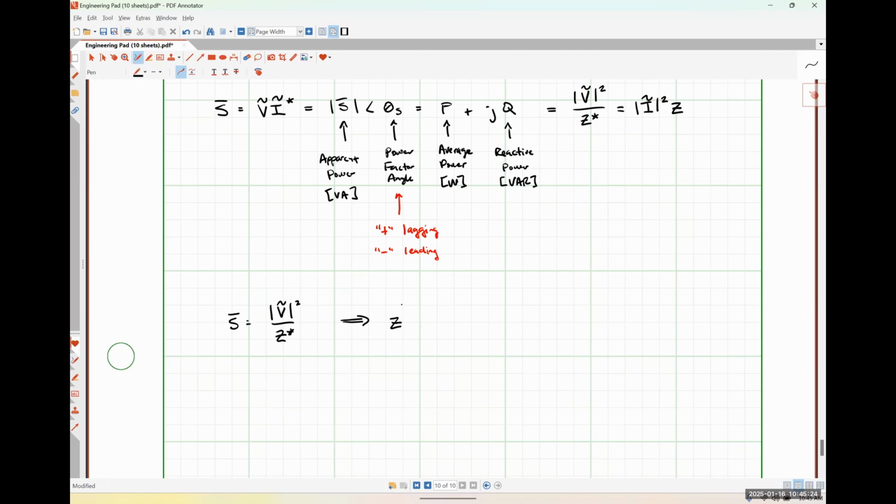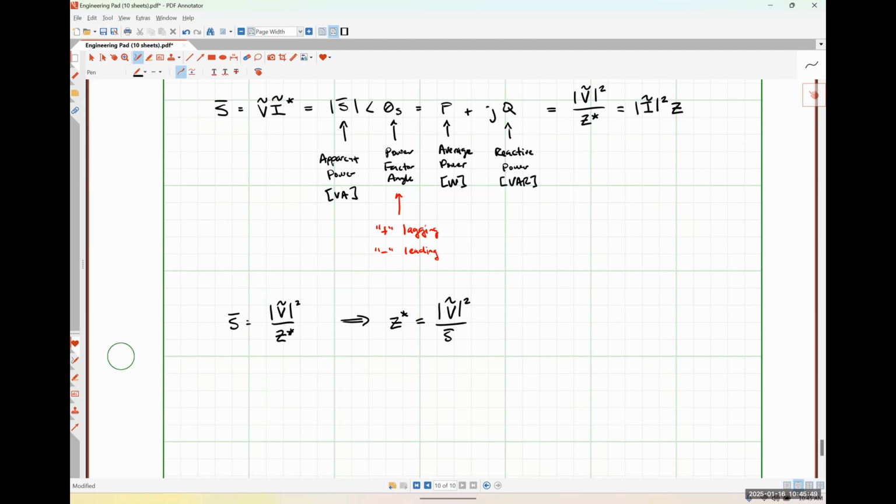So if we algebraically manipulate this, effectively we could just switch where we have S and where we have Z, okay? So if we multiply both sides by Z conjugate and we divide both sides by S, we're going to wind up getting Z conjugate is equal to the magnitude of the voltage squared divided by S.